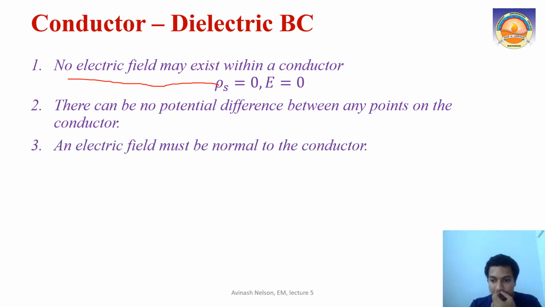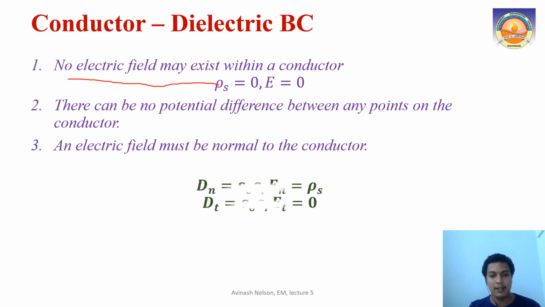Now in terms of the boundary condition, what we can say is that an electric field must be normal to the conductor, right? When we found Dn, we found it as rho s. So there is a normal component of electric flux density, or we can say there is a normal component of electric field intensity also, because it is just multiplication. So epsilon r En equals rho s.